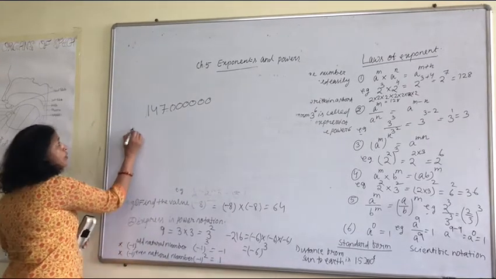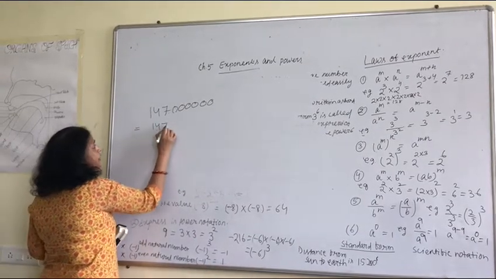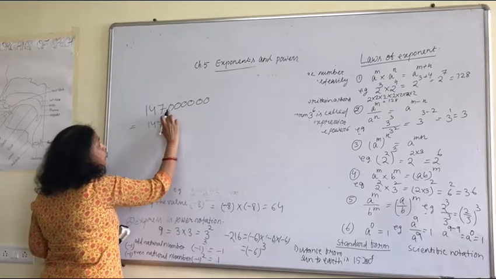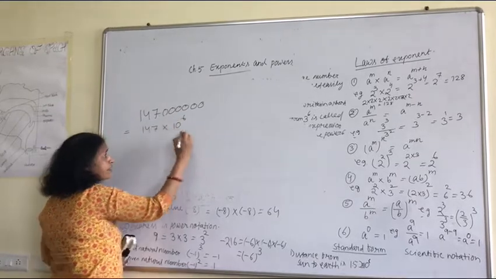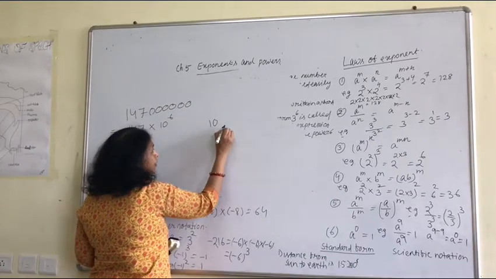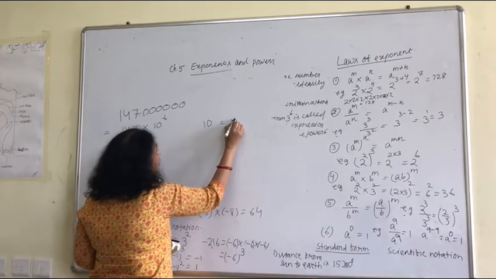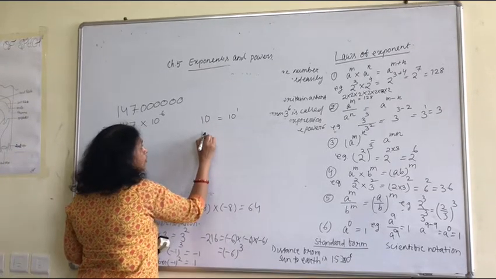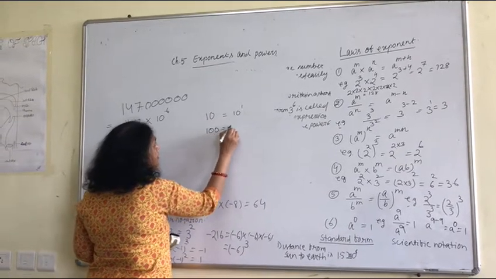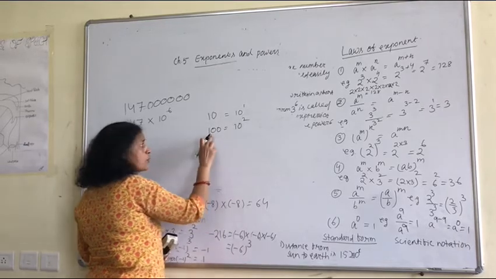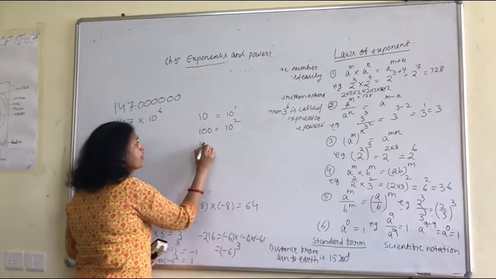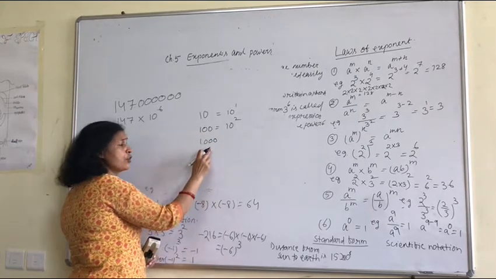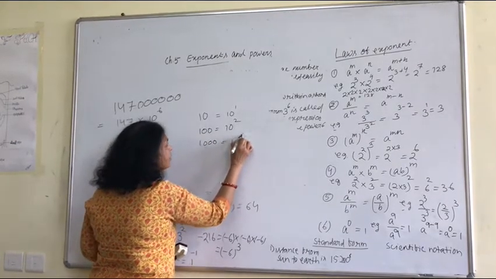So 147 into 6 zeros. That means 10 to the power 6. Like this, 10 is 10 to the power 1. 100 means 10 to the power 2, two zeros. 1000, three zeros, so 10 to the power 3.